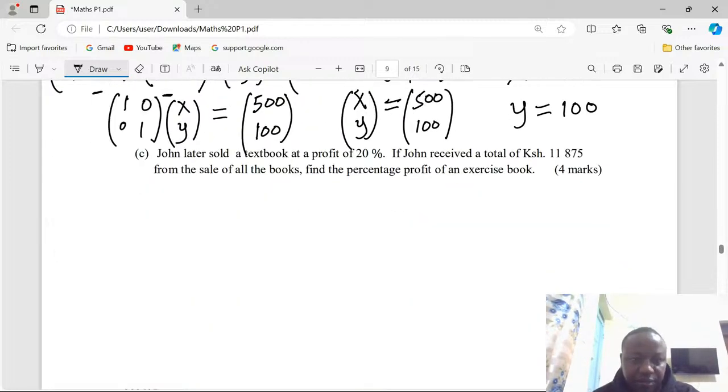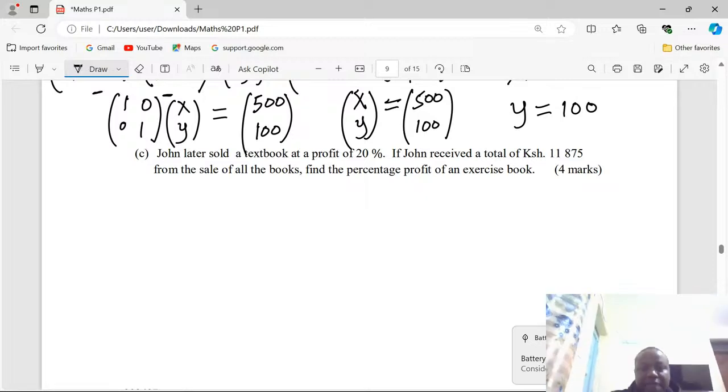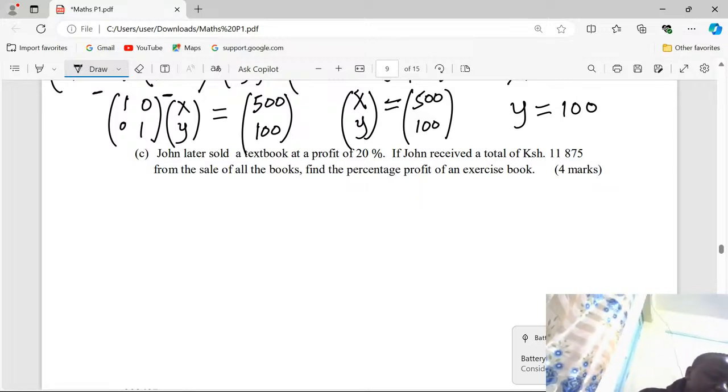Part C. John later sold a textbook at a profit of 20%. If we are selling at a profit of 20%, then it means that we can calculate the price at which a textbook is being sold.